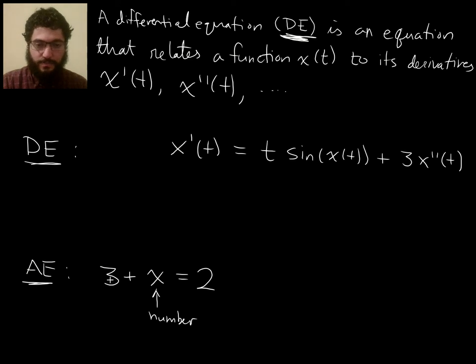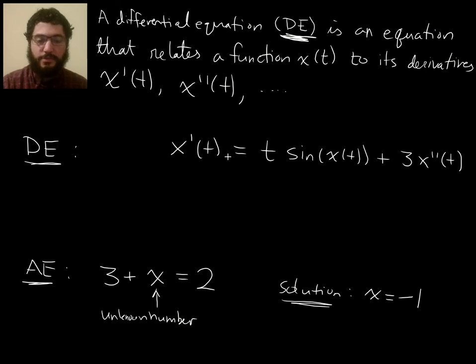And so usually with these equations, it would be an unknown number, and the task would be to solve for it, meaning find a number that, when substituted, makes the equation true. So we refer to the number -1 in this case as a solution to this algebraic equation.